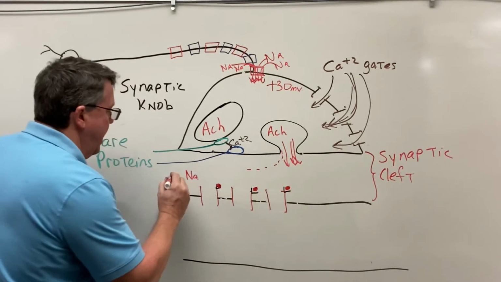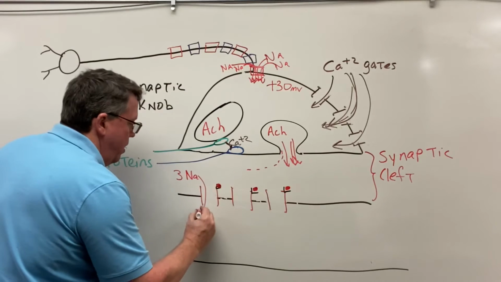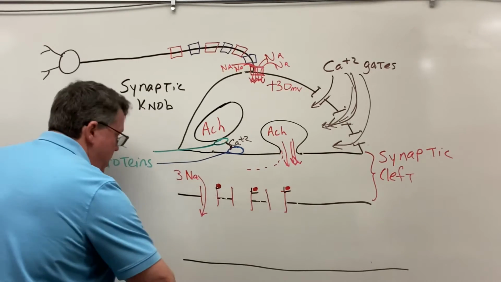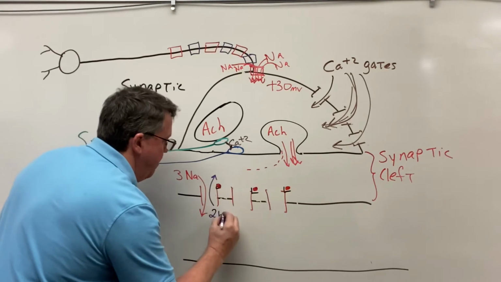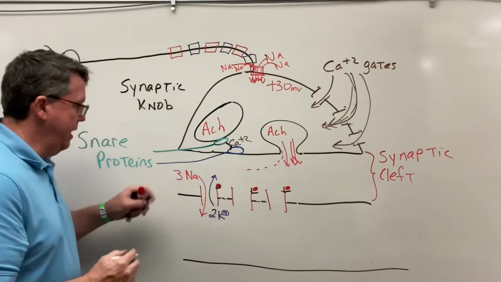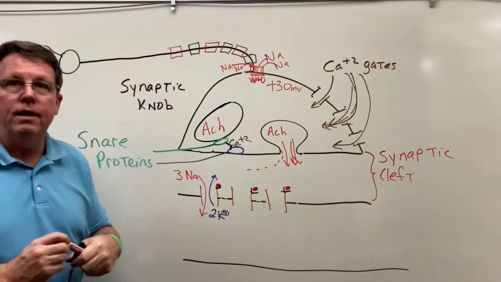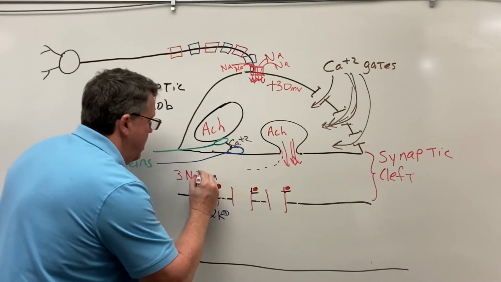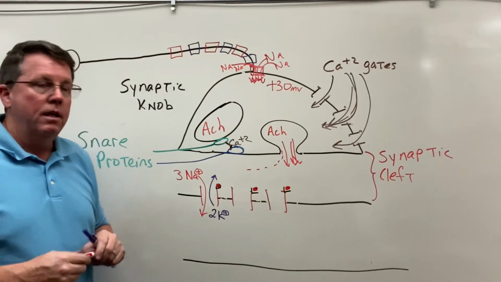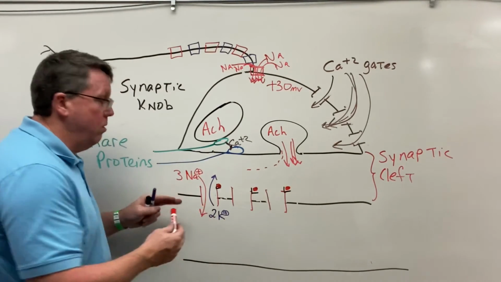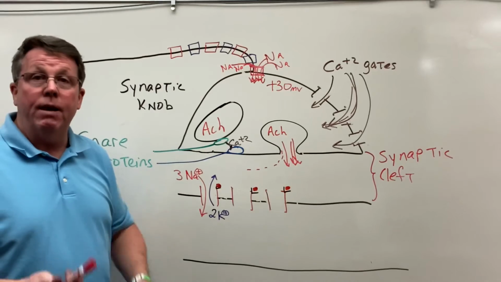What happens is I'll have 3 sodium go in and 2 potassium come out. See that? So now I got 3 sodium going in, and I have 2 potassium coming out. Okay? So looks familiar. Looks like the other leak channels we had, right? When the cell's at rest.